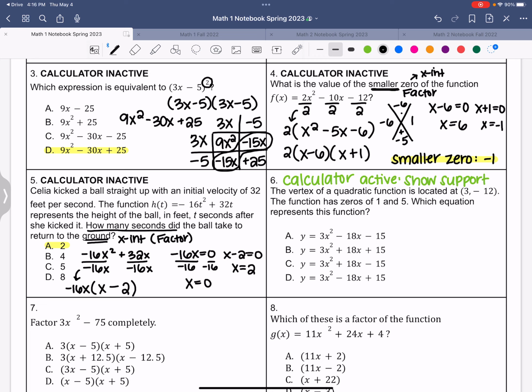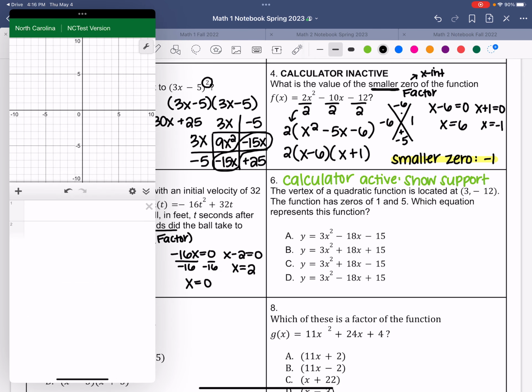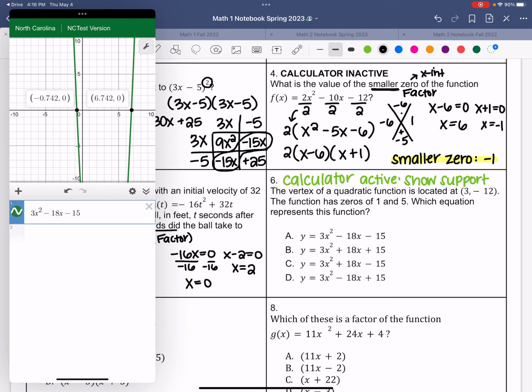Number 6, the vertex is located at (3, -12). The function has zeros, x-intercepts, at 1 and 5. So let's graph this because it's calculator active. Okay, let's just try out the first one. We need x-intercepts at positive 1 and positive 5. That doesn't do it.